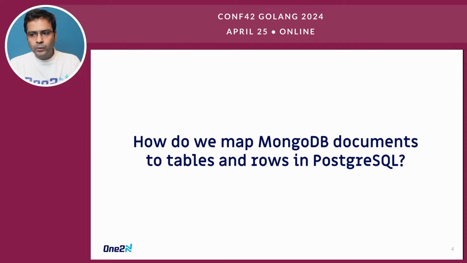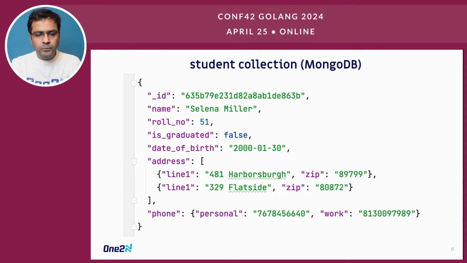Before we go ahead, let's think about how we map MongoDB documents to tables and rows. Because these two are different technologies, they're not a one-to-one direct data transfer. So let's look at a student collection. It's just a sample collection in MongoDB, where this is a sample student document where you see ID, which is the primary key.